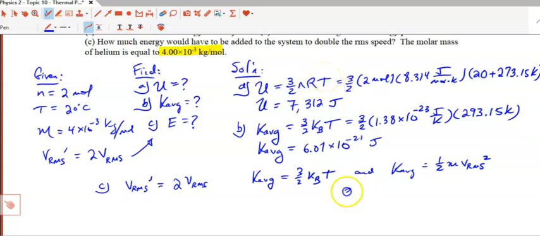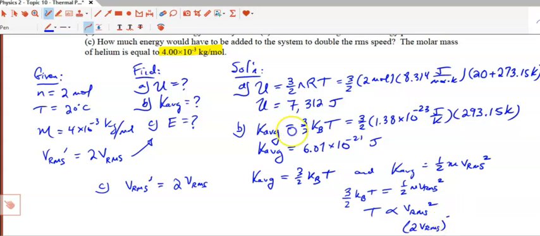If you set 3/2 Boltzmann constant times temperature equal to 1/2 m v_rms squared, you can see that the temperature is proportional to the RMS speed squared. So if I double the RMS speed and it's being squared, the temperature would have to be multiplied by 4.